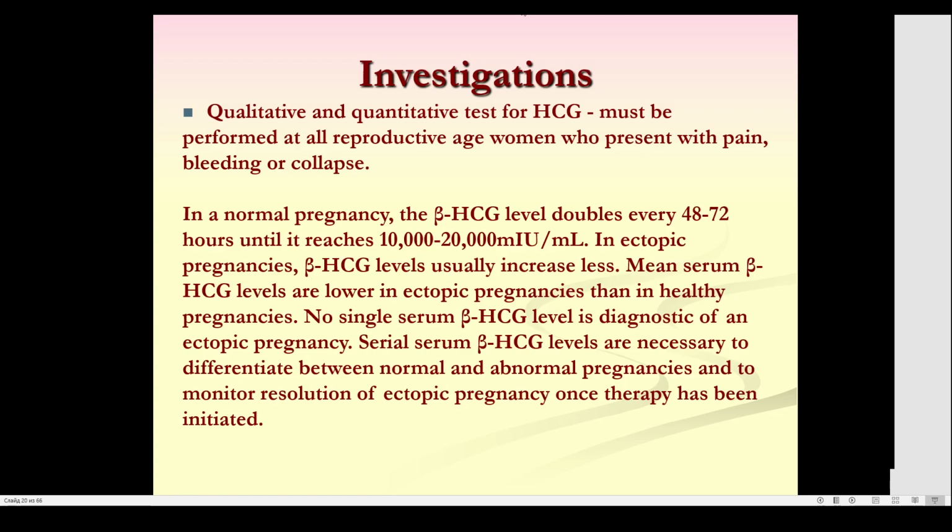No single serum beta-HCG level is diagnostic of an ectopic pregnancy. Serial serum beta-HCG levels are necessary to differentiate between normal and abnormal pregnancies and to monitor resolution of ectopic pregnancy once therapy has been initiated.